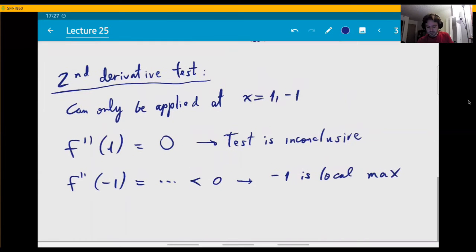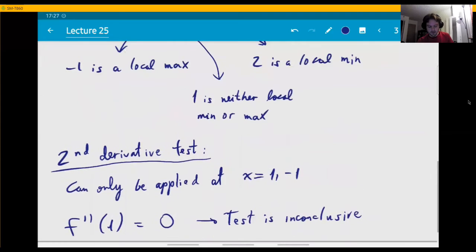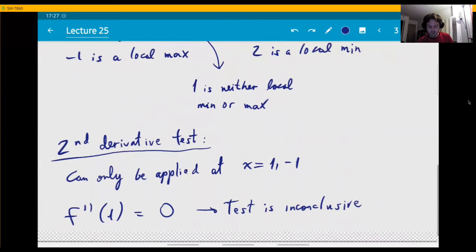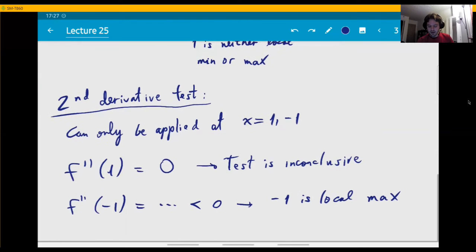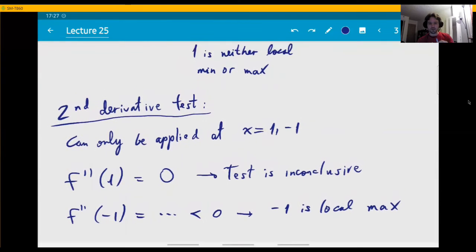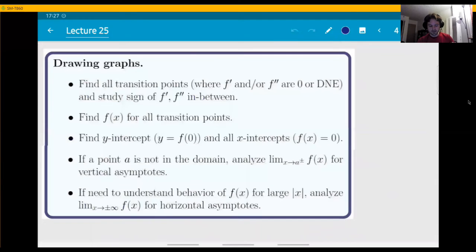So at least this one is the same conclusion that we had from before. Only one of these 3 conclusions is the one that we can get from the second derivative test. So it's an easier test, but less powerful. But that concludes this problem. Let's move on to another.